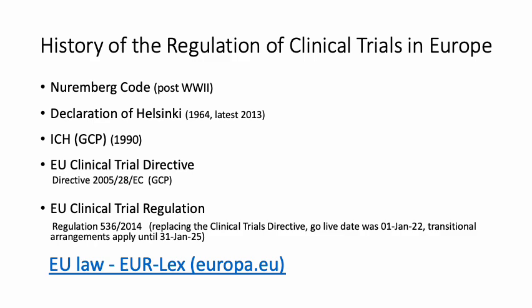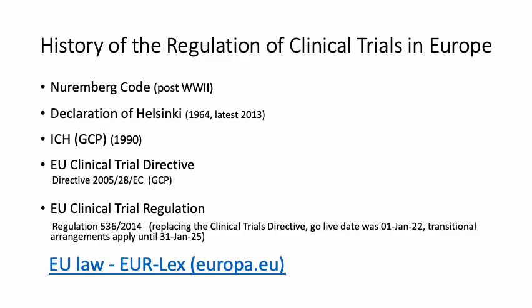ICH-GCP followed in 1990, and then the Clinical Trials Directive in Europe was published in 2001. It describes the requirements for the conduct of a clinical trial in the EU. It, as a directive, had to be implemented individually in each member state, and this became a disadvantage which led to the EU Clinical Trial Regulation.